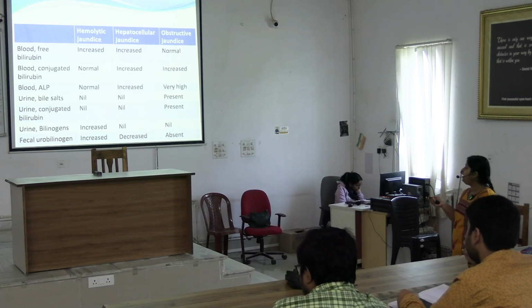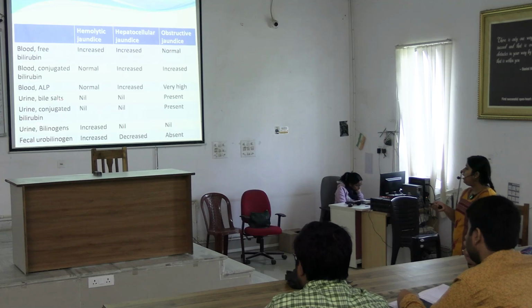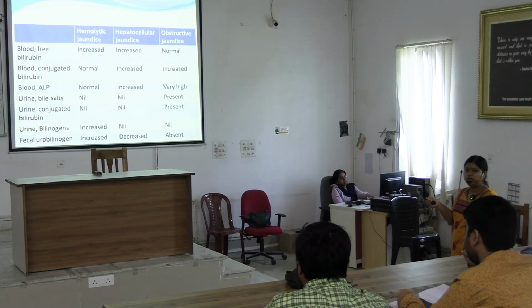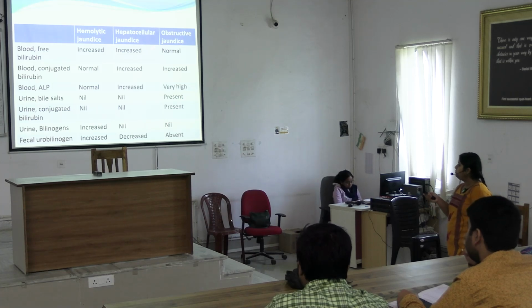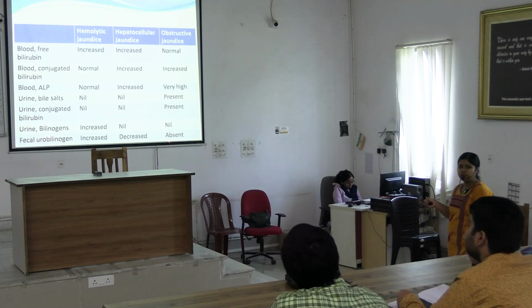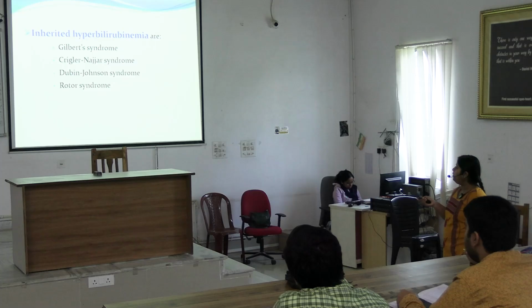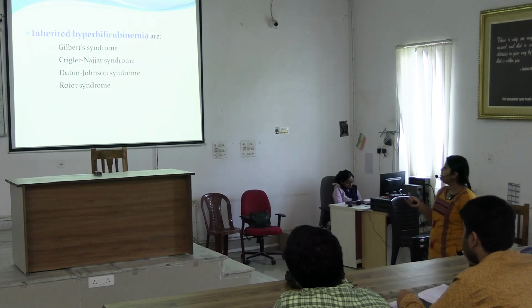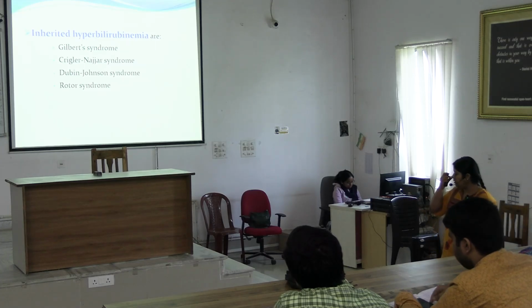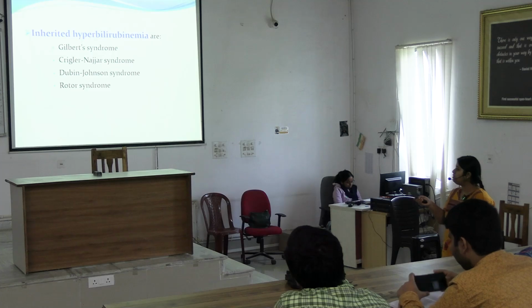ALP will be very high in obstructive jaundice, whereas other liver enzymes will be high in hepatocellular jaundice. In obstructive jaundice, fecal urobilinogen and stercobilinogen will be absolutely absent. Clear?